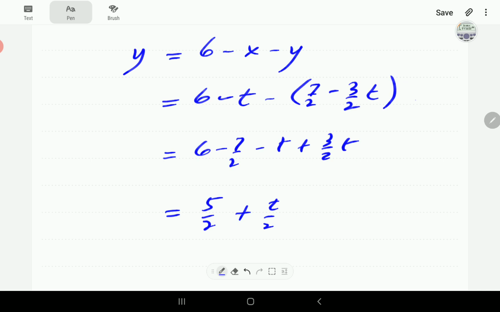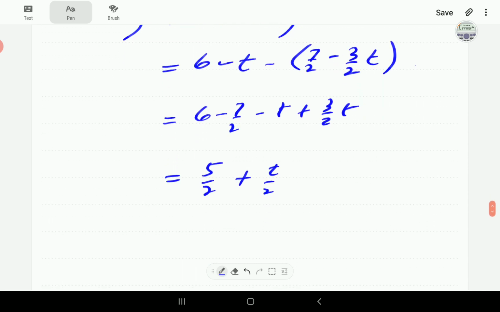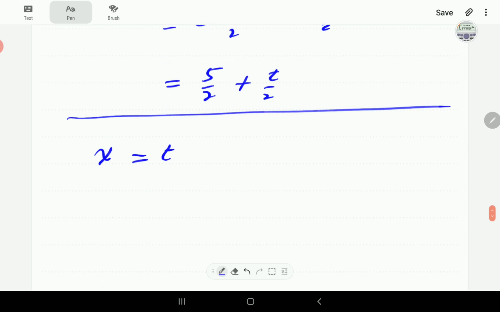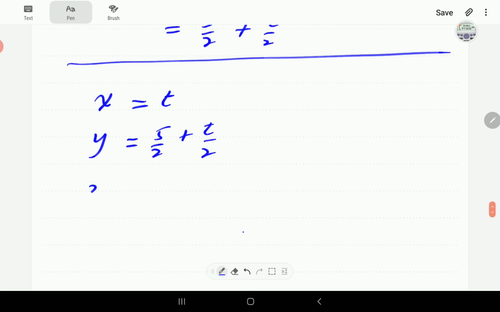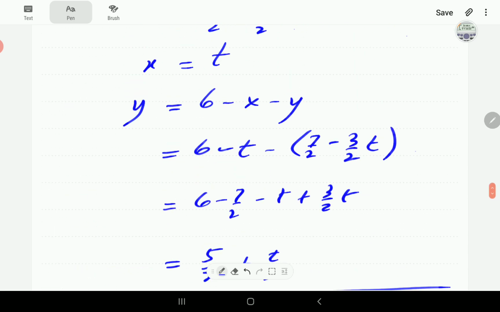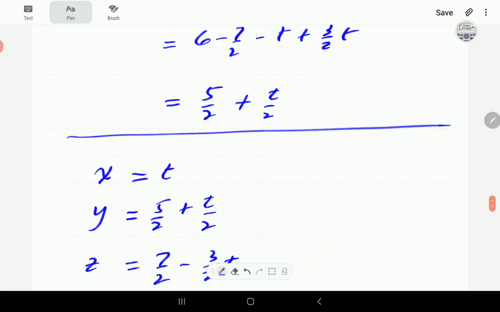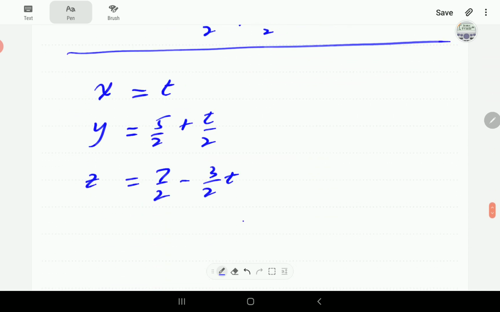So it's 3 halves minus 1. So we now have all three parametric equations. Let me just write them down in order. X is equal to t, y is equal to 5 halves plus t on 2, z is equal to 7 over 2 minus 3 over 2 t. So that is the parametric form of our line of intersection.